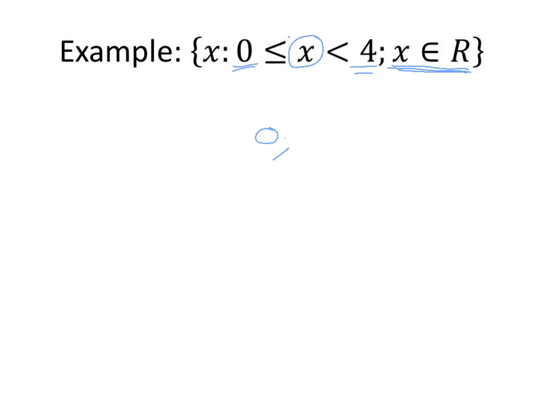Start by writing them, 0 and 4. It says x is greater than or equal to 0, so it can be 0. 0 can be included, so I'm going to use a square bracket to show that it can be included, but it's less than 4. Not equal to, it's less than. So on that side, I do my round bracket, showing it's not included.